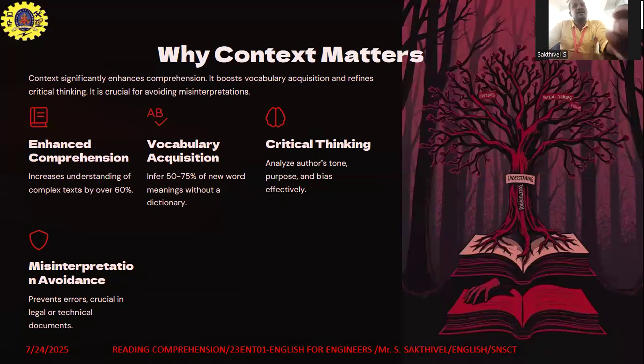Vocabulary acquisition means learning more vocabulary. And critical thinking means analyzing all sorts of ideas about the author, the purpose, and even beyond the author's idea. It also helps us avoid misinterpretation. These are all matters that help us a lot when we talk about context.